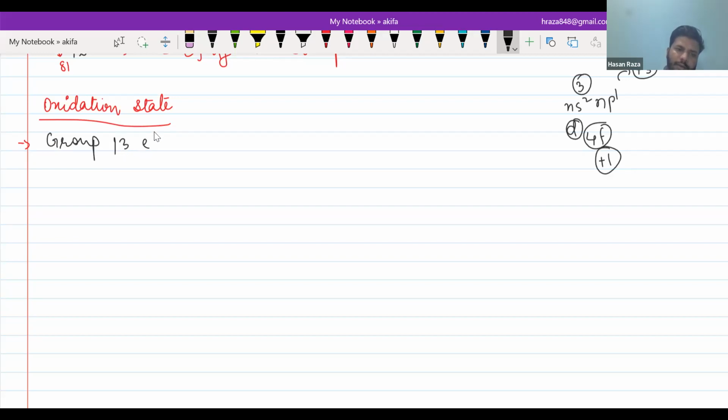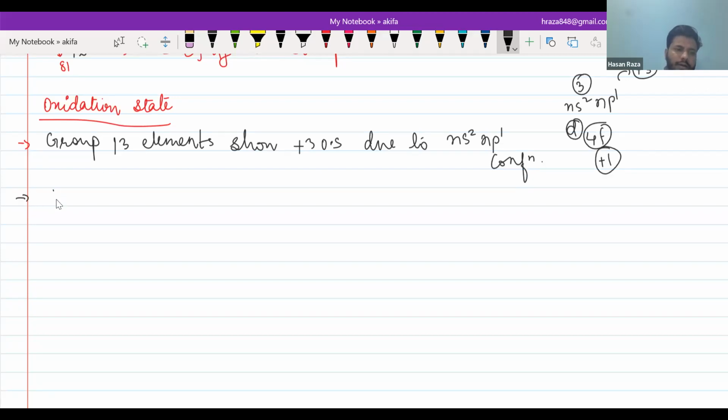So I'm going to write, group 13 elements show +3 oxidation state due to ns2 np1 configuration.